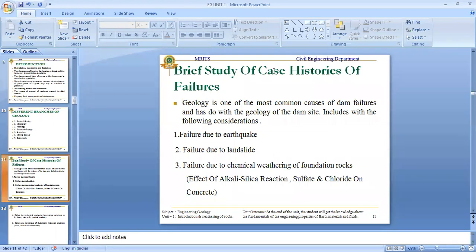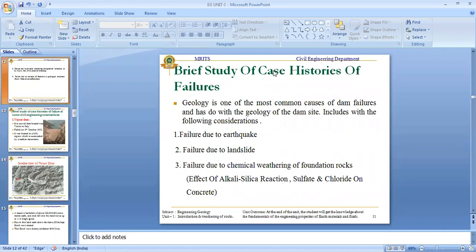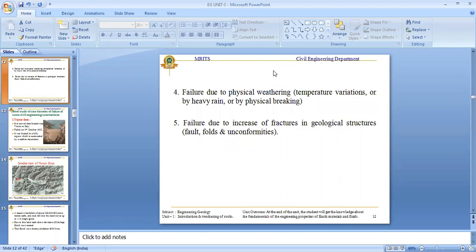And failure due to the chemical weathering of foundation rocks. We're going to check the foundation rocks in order to see the characterization, because how it is going to react with the water and how it will react with the different alkalis and sulfates which are available in the rocks. Chemically we have to analyze the rocks. For that purpose, we'll check the failure due to chemical weathering of foundation rocks. The next thing is failure due to physical weathering.